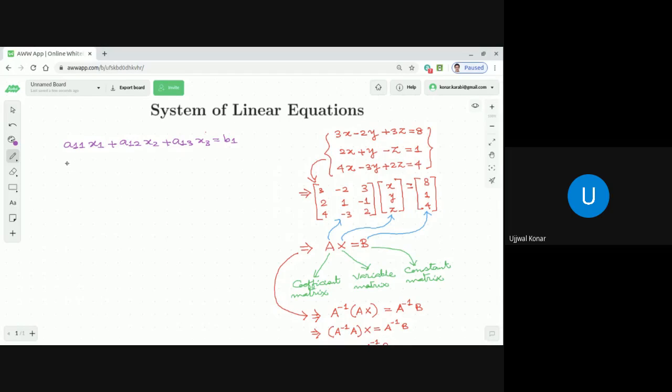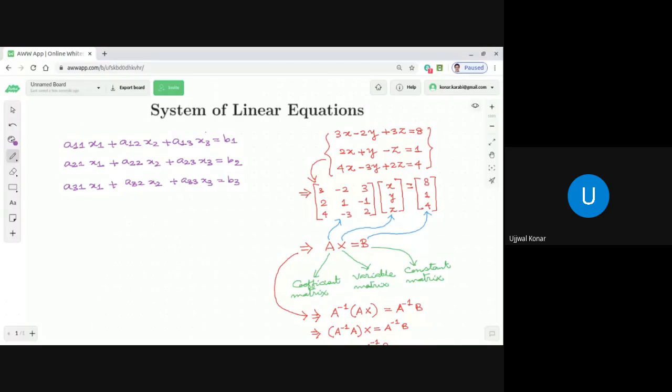Then the next equation will be a21 x1 plus a22 x2 plus a23 x3 is equal to b2. Then a31 x1 plus a32 x2 plus a33 x3 is equal to b3. So this is the generic representation of the example I explained a few minutes back.